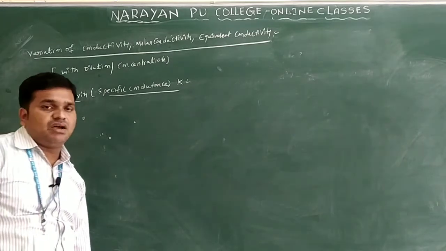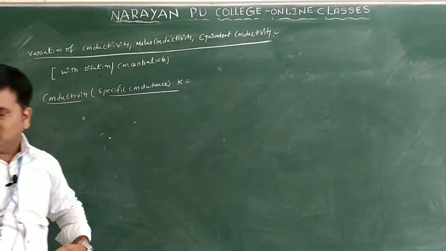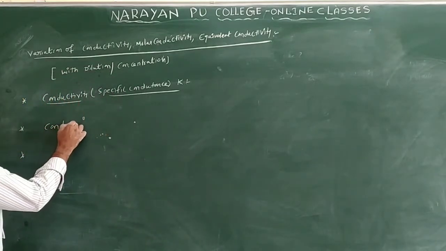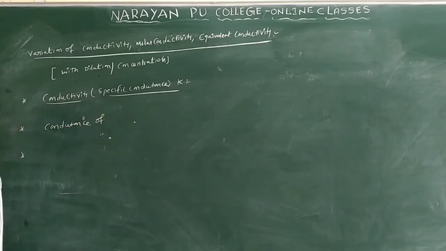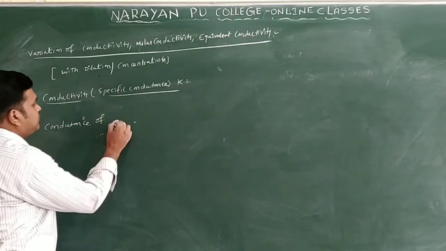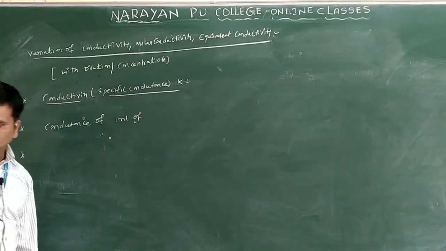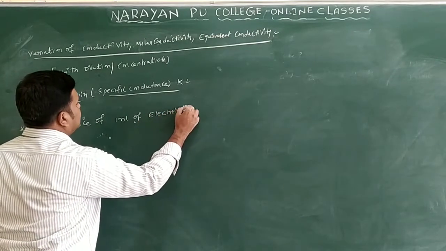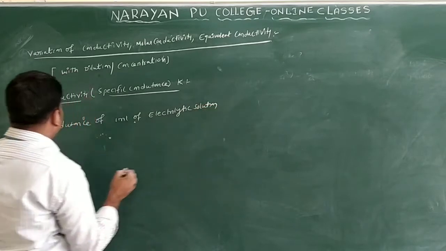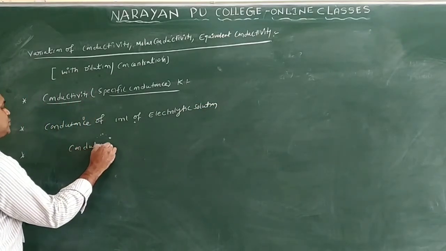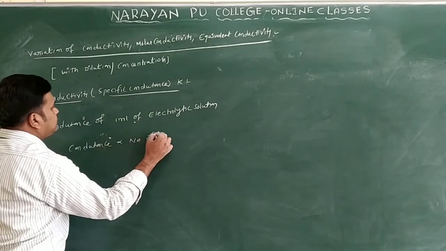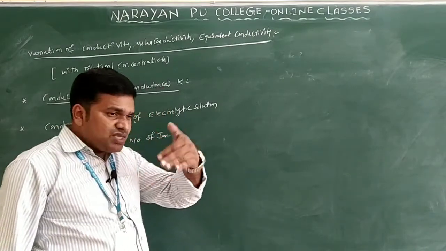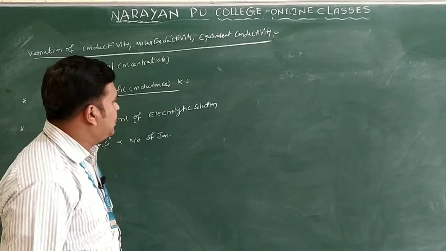K means the conductance of 1 ml of electrolytic solution is called conductivity. Generally conductance is directly proportional to the number of ions. That means when the number of ions increases, conductance increases, or when the ease of flow of the ions increases, conductance increases.